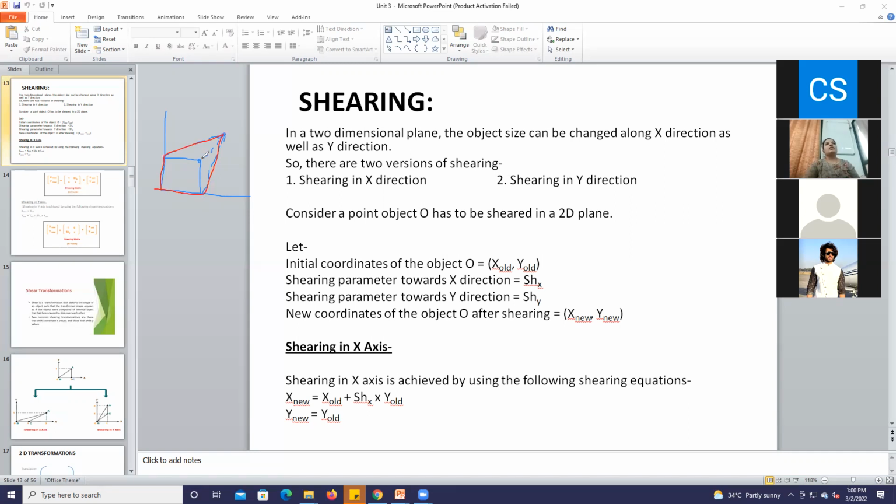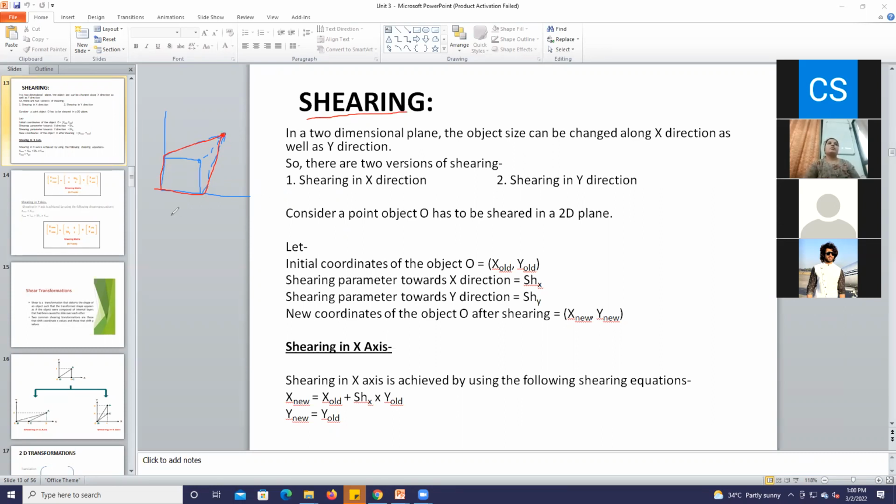What I have done is I have pulled this corner and now it has reached here. So I am getting deformation in the shape. You can observe here, earlier it was a square and now due to this pull effect, the size as well as the shape of the object has changed. And this phenomenon is called shearing. So we can have shearing along x.